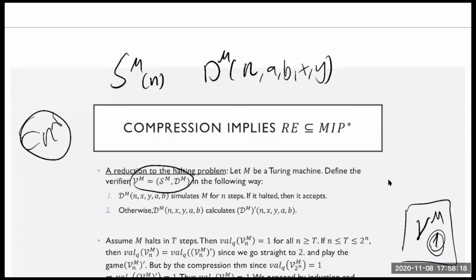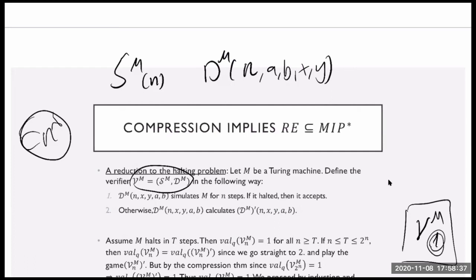Because you're running this, you're trying something, and if it doesn't work, you're trying another pair of simulator and decider.